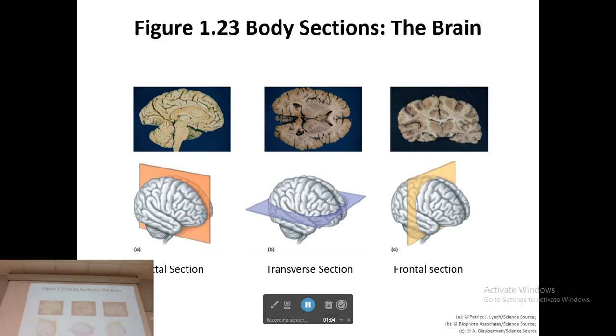We may just be talking about one particular organ cut with these different planes. So here we have the brain where you can see the sagittal section, you could see what a transverse section would look like, and you could see what a frontal section would look like.